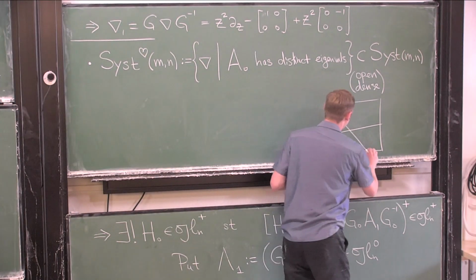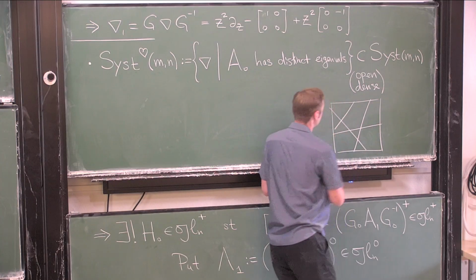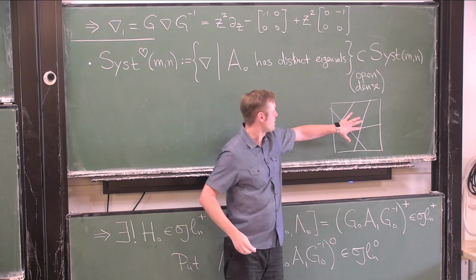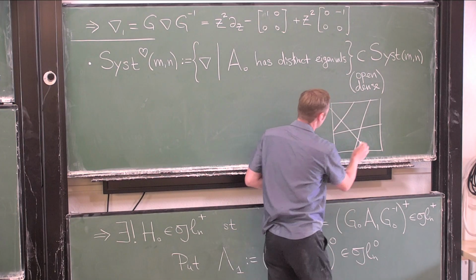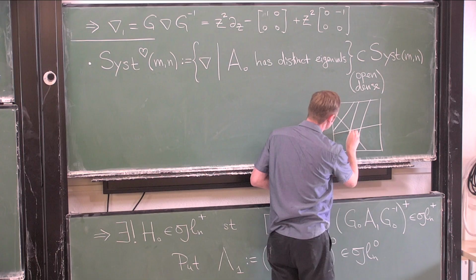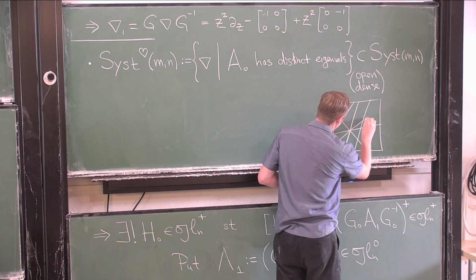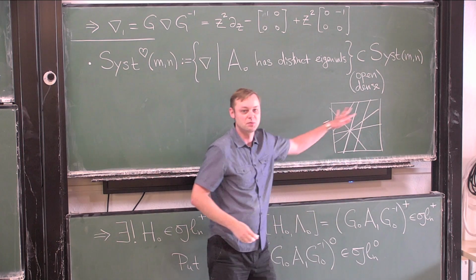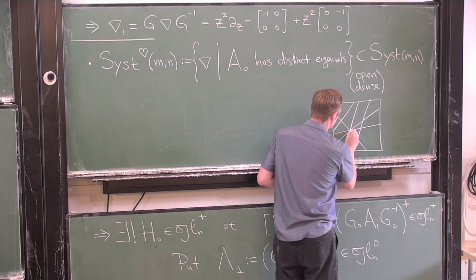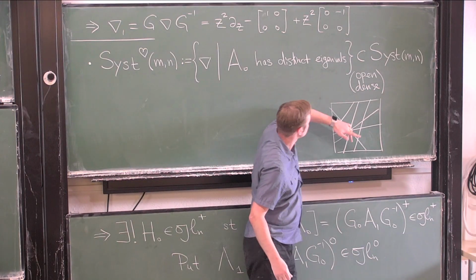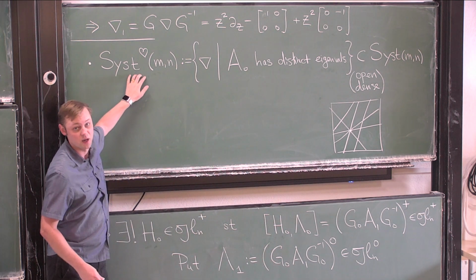And maybe there's another submanifold, and another. So this is the picture you could have in mind: the complement of all these lines, and there could be strata which are really complicated because they involve intersections of multiple of these, and so this would be an even lower dimensional stratum. So the complement of all these lines, that's the nice systems.